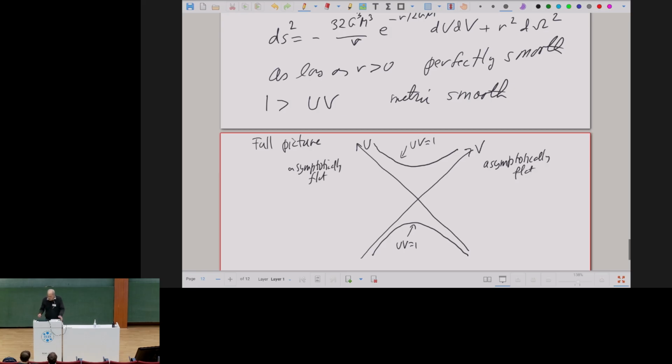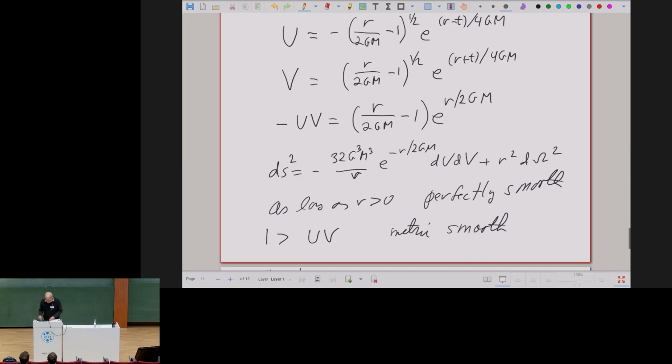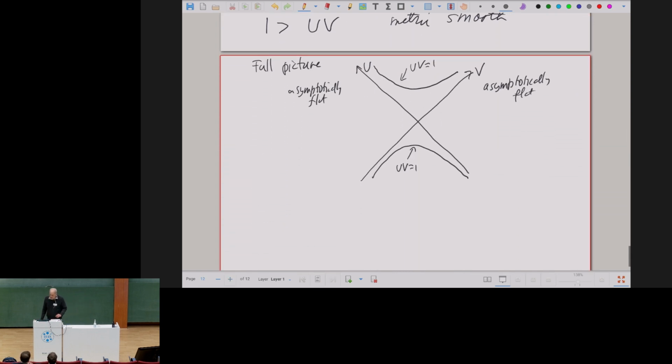You see, if I go to the left or right in the picture, either u is positive and v is negative, or vice versa, so the product uv is negative. And this nice formula shows me that if uv becomes very negative, then r becomes large. So when uv is going to minus infinity, r is going to plus infinity. So that's the asymptotically flat region.